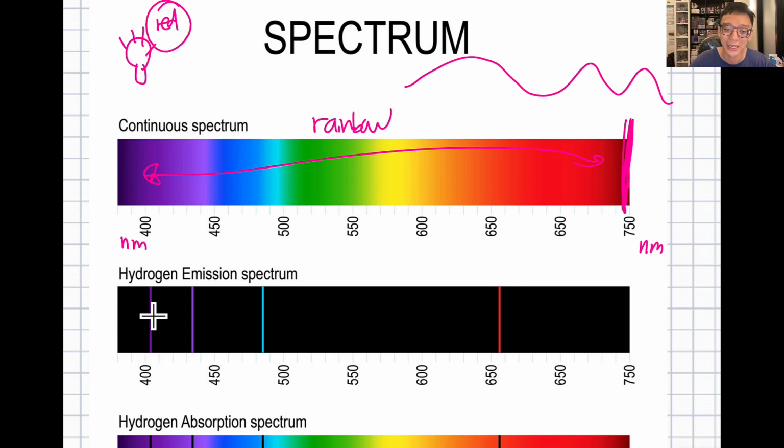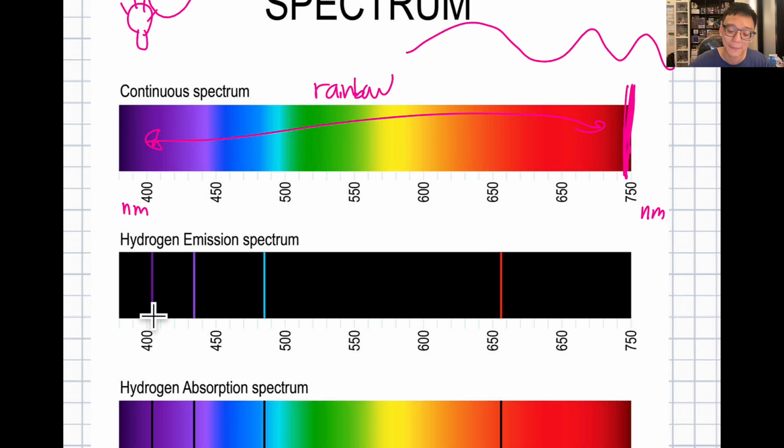So this is the hydrogen emission spectrum. Typically, if a gas is heated, it will exhibit an emission spectrum, because it receives energy and then the electrons go down. So they will produce these specific colors on a dark background.